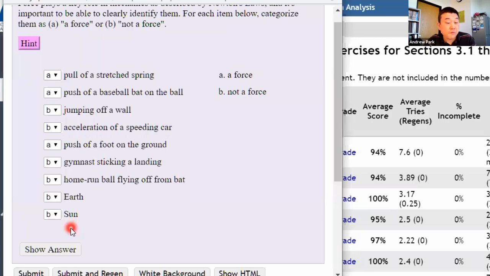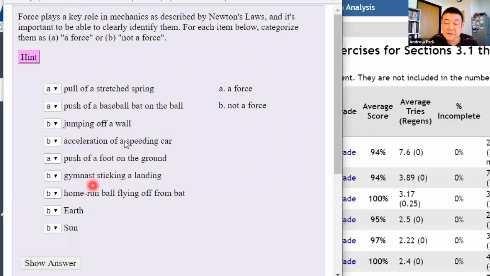But when it just says sun, sun is an object, and there's a bunch of different things about the sun you can talk about. So the sun itself is not a force. The gravitational pull exerted by the sun is a type of force. So it's something that I think for many people it takes the whole semester to learn.